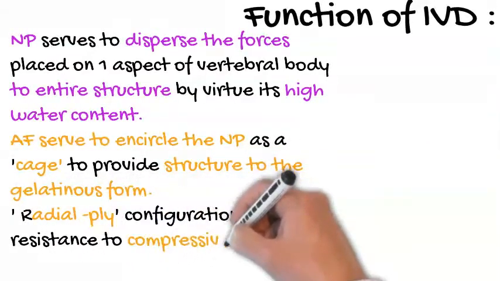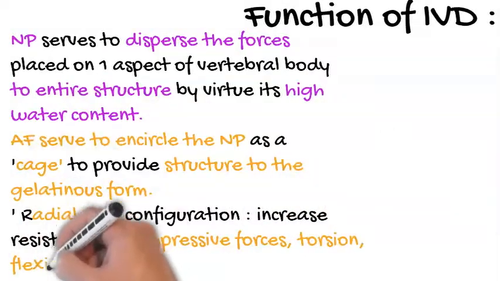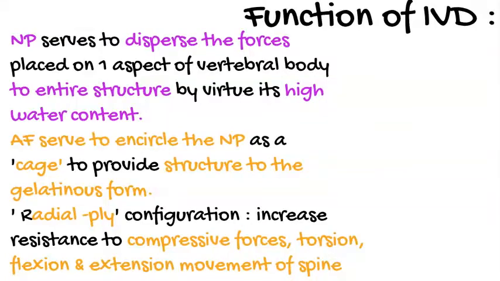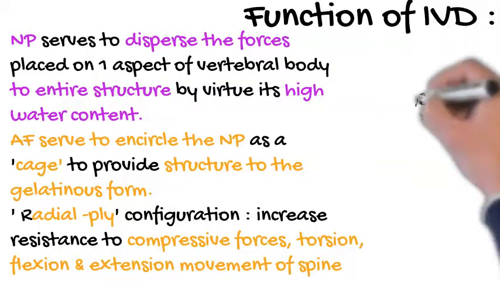The annulus fibrosus serves to encircle the nucleus pulposus as a cage to provide structure to the gelatinous form. The radial configuration in the annulus fibrosus allows for increased resistance to compressive forces, and resists torsion, flexion and extension movement of the spine.